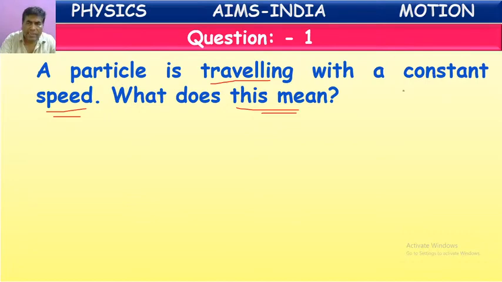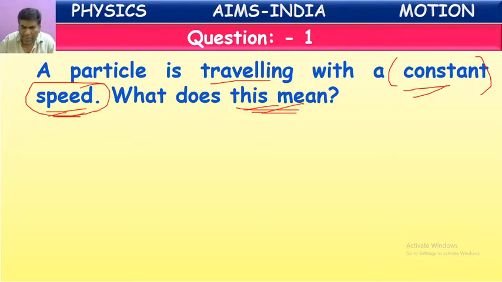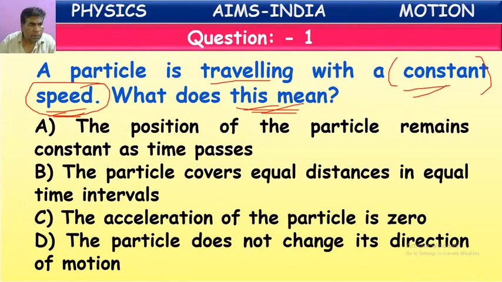A particle is traveling with a constant speed. What is the meaning of constant? Same speed, uniform speed. It means speed is not changing. What does this mean? Option A: the position of the particle remains constant as time passes.